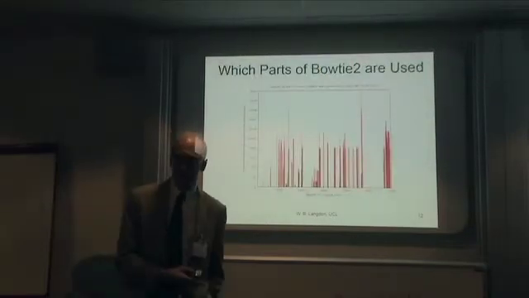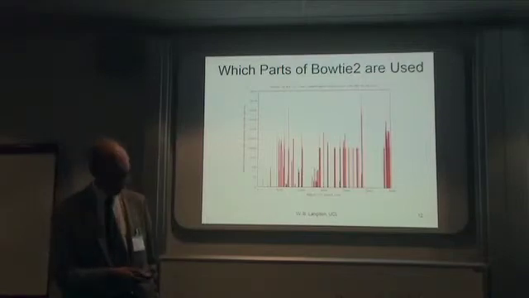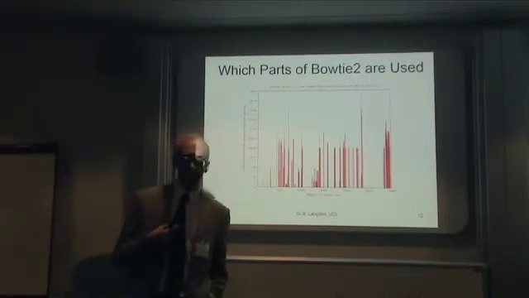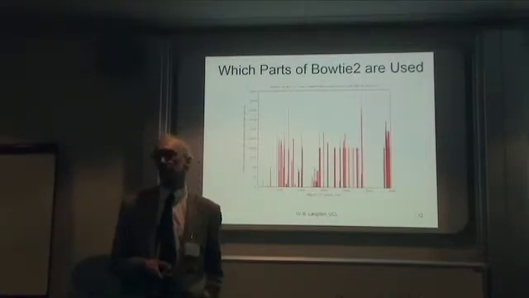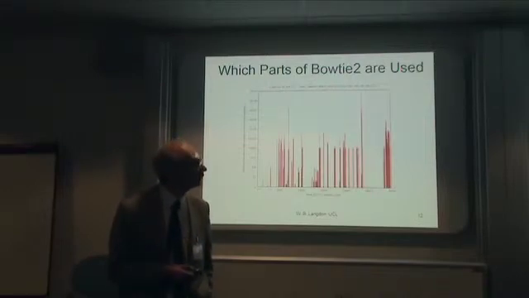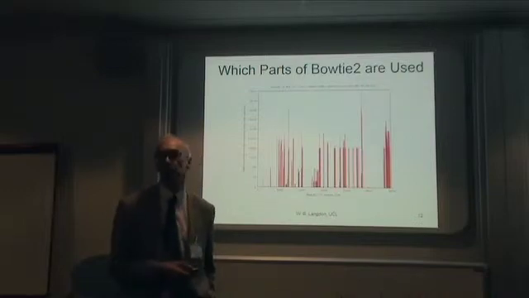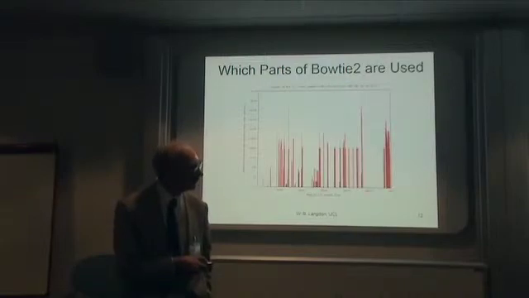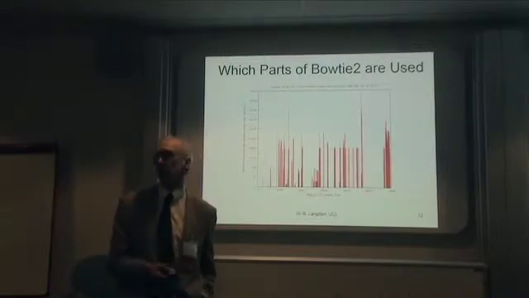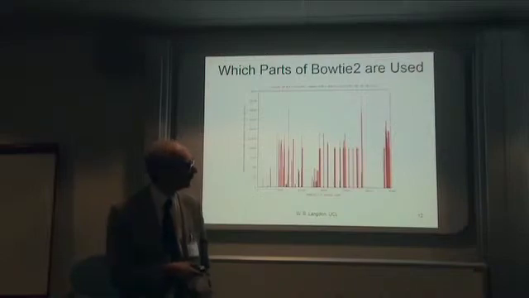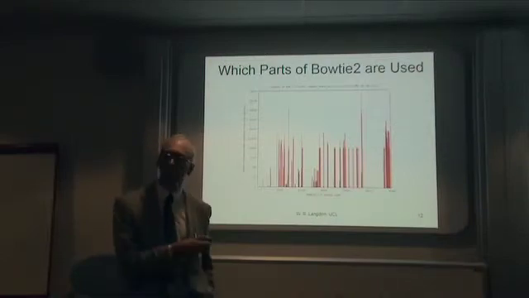So using the instrumentation, what I've got here is a count for each line of Bowtie 2 on a fairly large example. Going across the bottom is just the lines of Bowtie 2 arranged, I think, alphabetically, and going upwards is the number of times that line of code was executed.